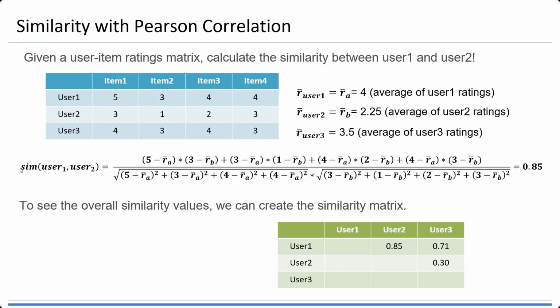Now I want to check the similarity of user 1 and user 2. Okay, I cannot write here. In order to find the similarity, we need to check every rating minus the average, multiplied by the rating of user 2 minus its average.